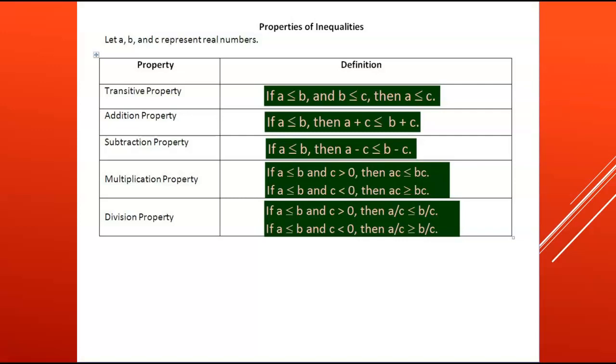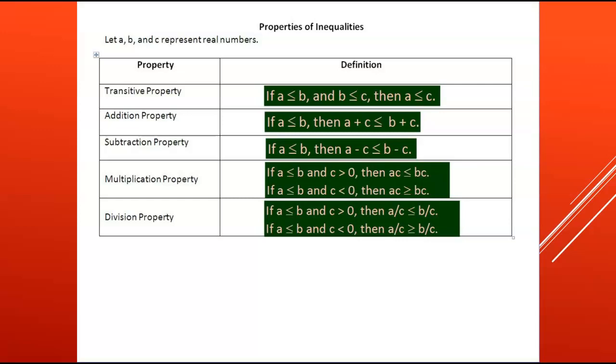The transitive property says if A is less than B and B is less than C, then A is also less than C. Adding and subtracting simply say if you're going to add it to the left, you have to add it to the right. If you're going to subtract from the left, you have to subtract from the right.